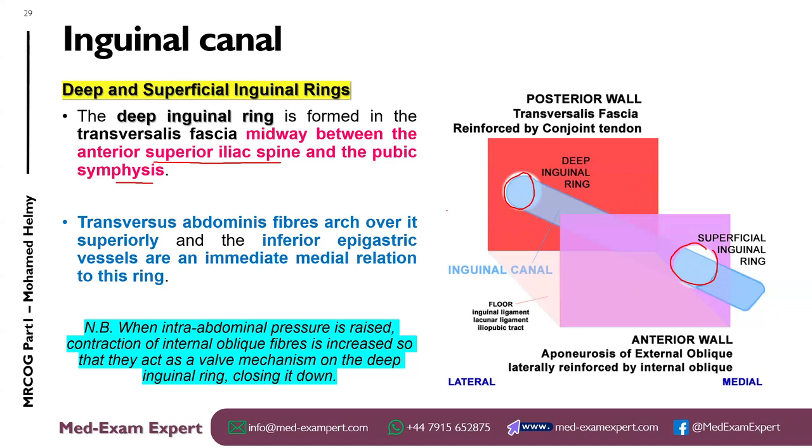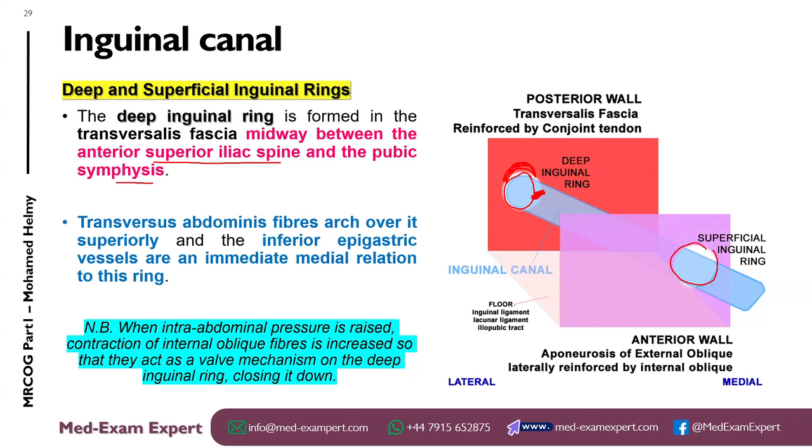And the transversus abdominis fibers arch over it superiorly like this, and the inferior epigastric vessels are an immediate medial relation. You will find that the inferior epigastric vessels lie as an immediate medial relation to this deep inguinal ring.